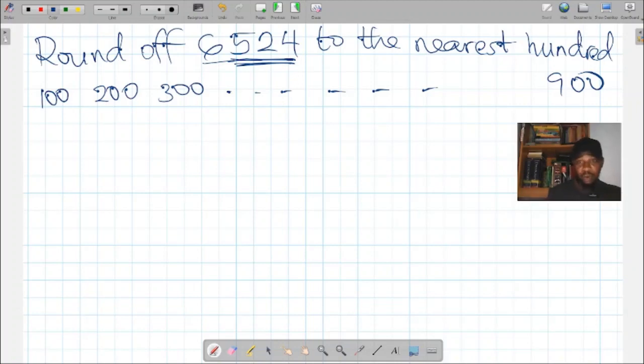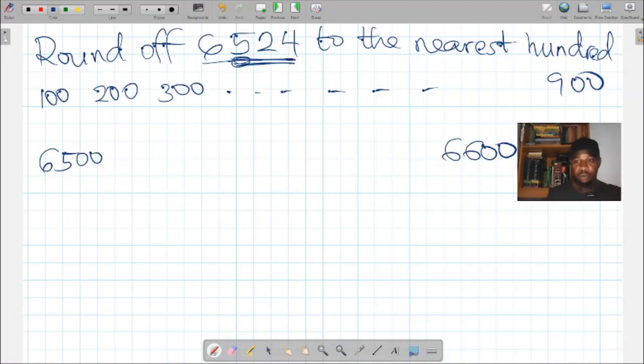So getting the lower bound is very easy. Since we are rounding to the nearest 100, we just pick the 100 digits and form that as the lower bound, 500. So we're going to have 6,500, and then the upper bound will be 6,600, the next 100 after 6,500.